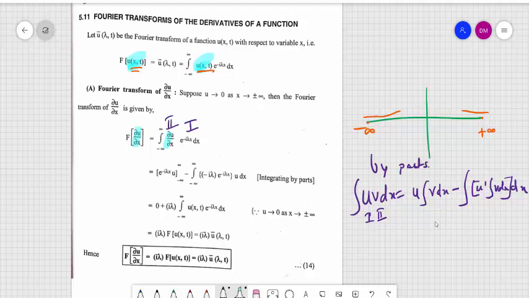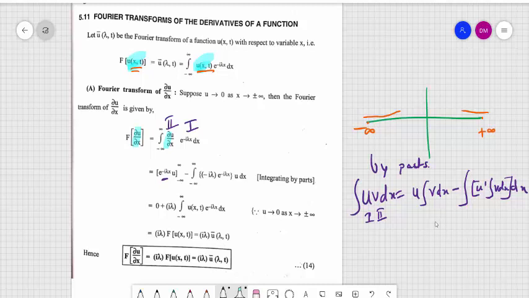So the exponential is the first function, the derivative is the second function. U as it is, the first function as it is, integration of the second function. What is the integration with respect to x? Integration is nothing but the antiderivative. So just u remains, upper limit, lower limit, minus.